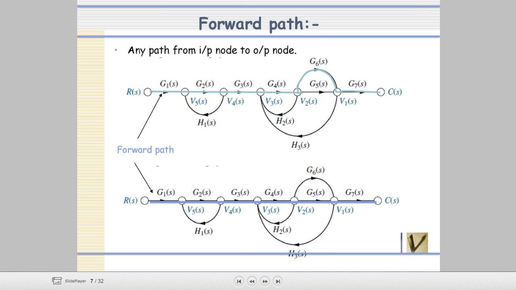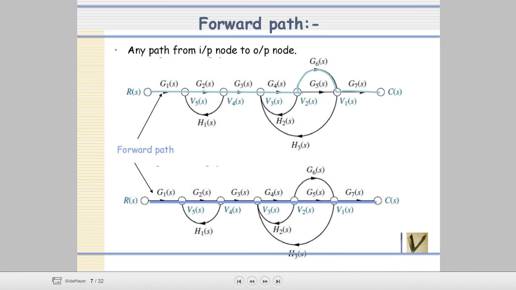We can see here is forward direction, forward, forward, forward, forward. This blue is one path. Again second path is like this. In this diagram, there are two forward paths, one straight forward path, second like this forward path.